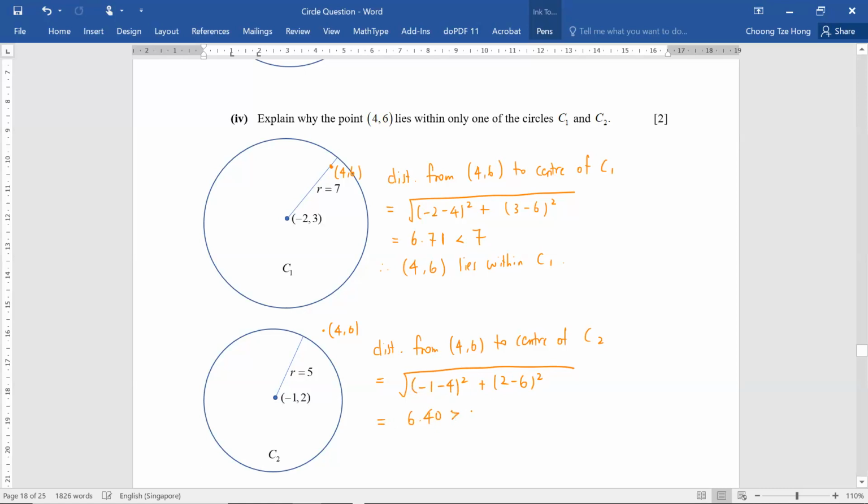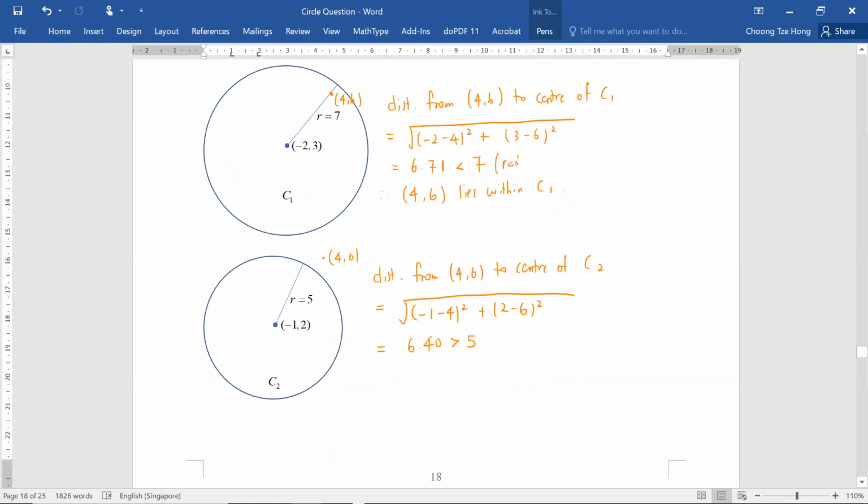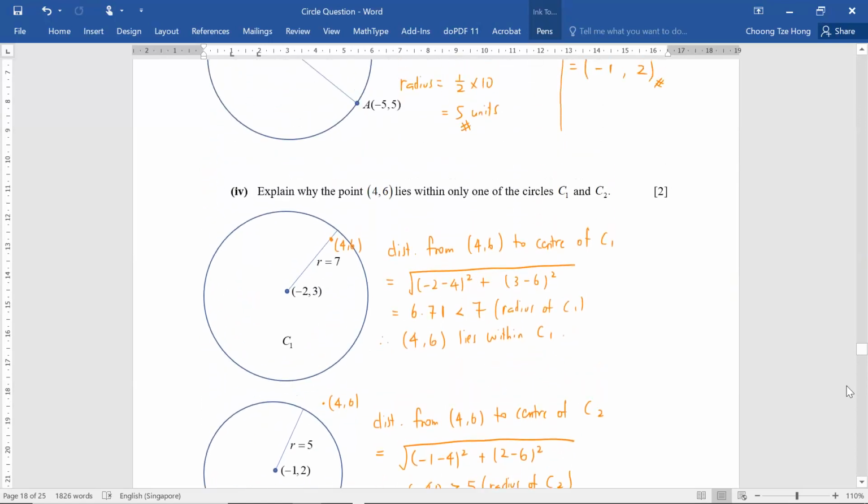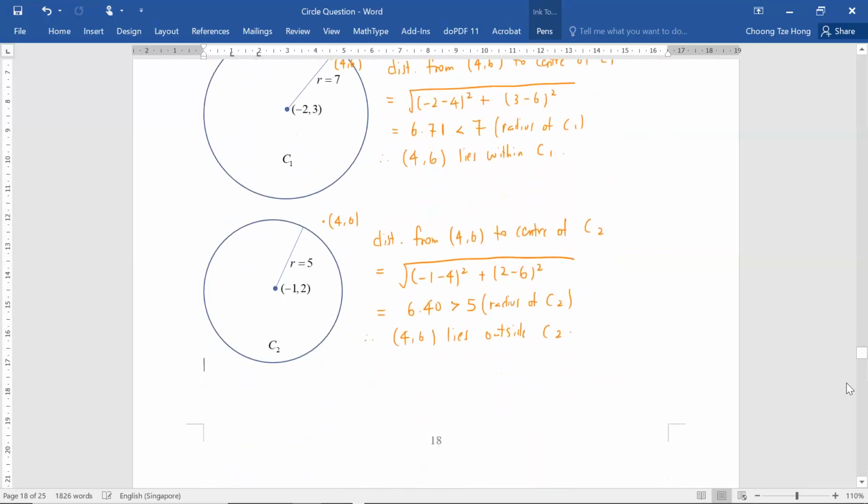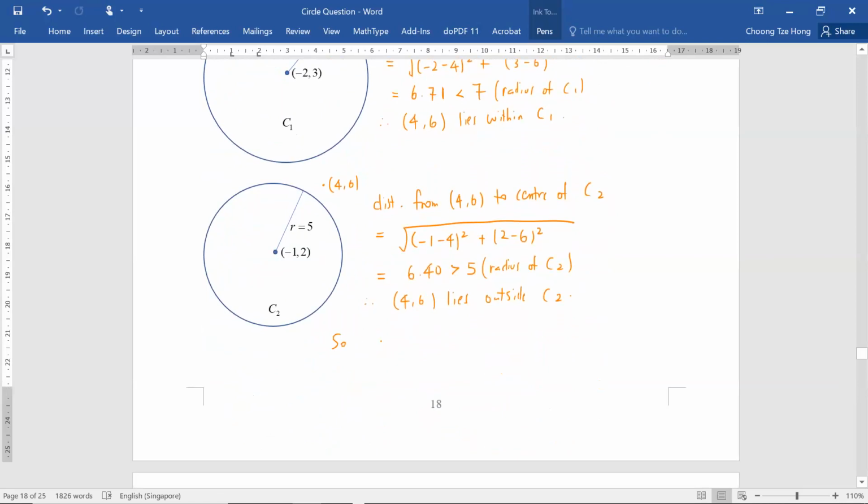So it's greater than 5, greater than the radius of C2. Therefore (4, 6) lies outside C2. They want us to explain why (4, 6) only lies within one of the circles, so we can conclude that (4, 6) only lies within C1.